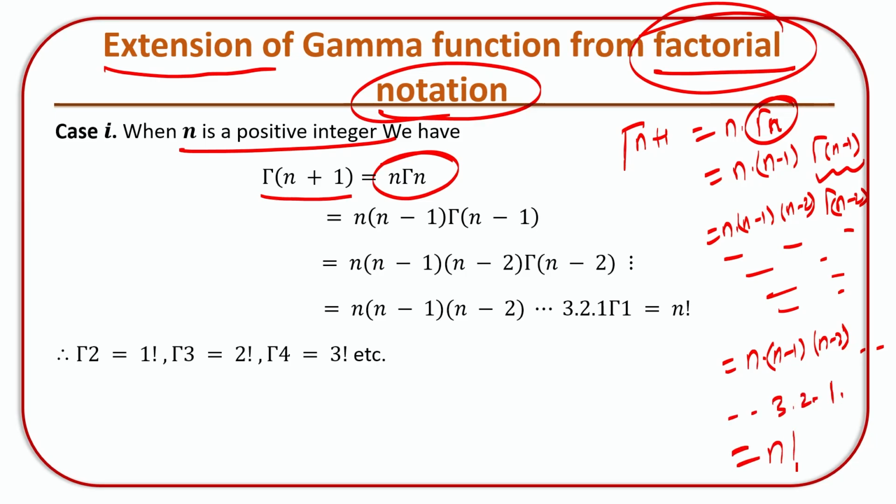This is nothing but factorial n. So indeed, gamma of n plus 1 is equal to factorial n. That means factorial 1 equals 1, factorial 2 equals 2 times factorial 1, factorial 3 equals 3 times factorial 2, factorial 4 equals 4 times factorial 3, etc.